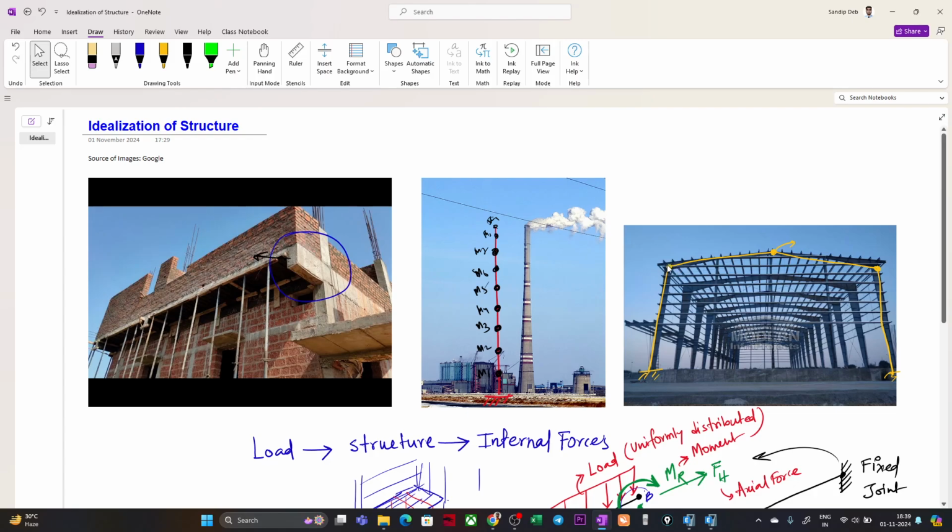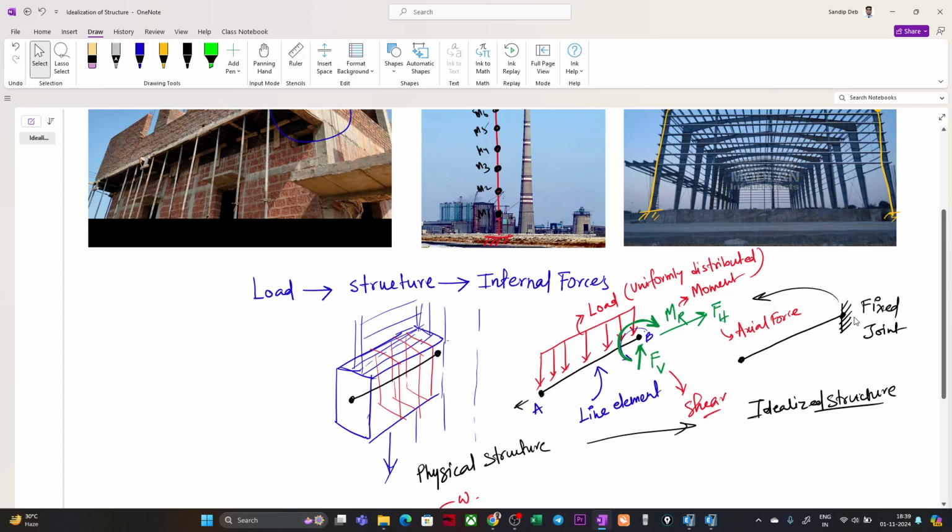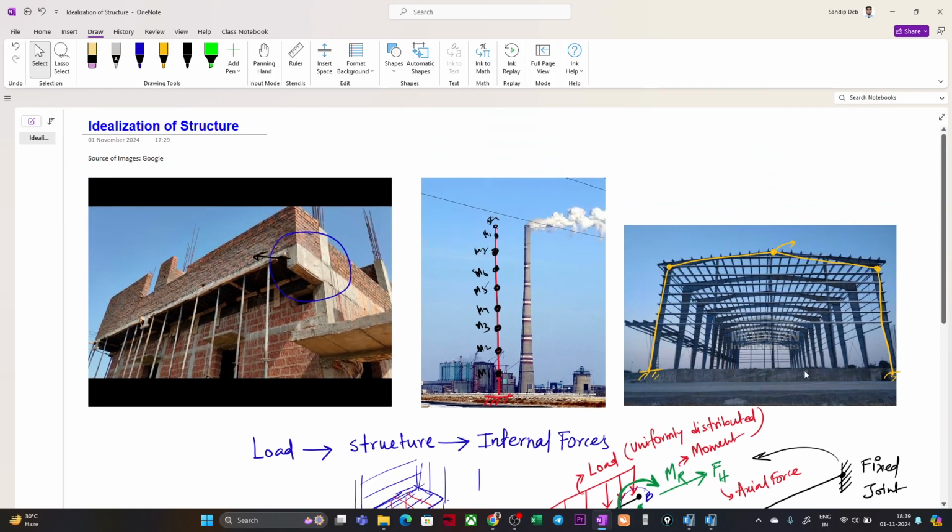So if you take this joint, if you are allowing rotation, if you are allowing axial force transfer, the same should be there. The idealization of this joint should be similar. Otherwise you will end up with a failed structure, or the behavior you will be evaluating will not be the same as in the physical structure.